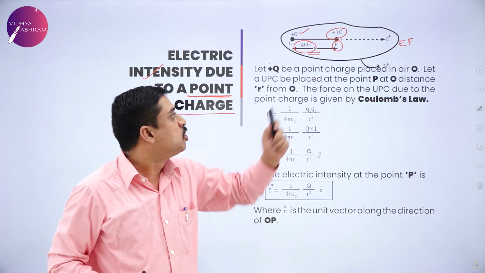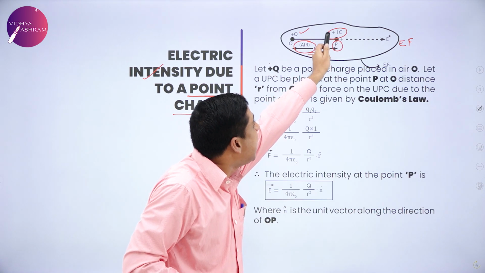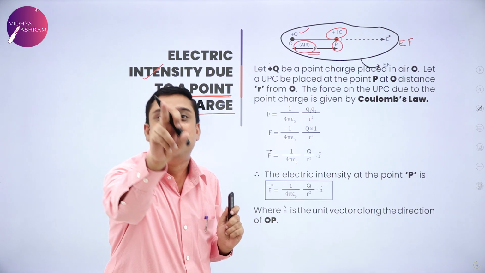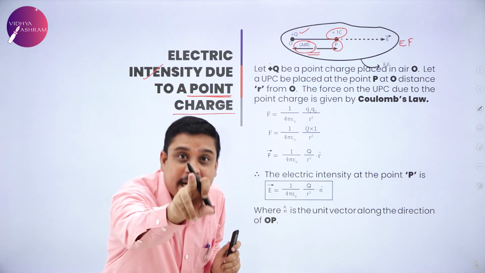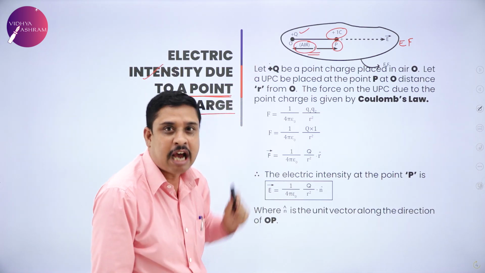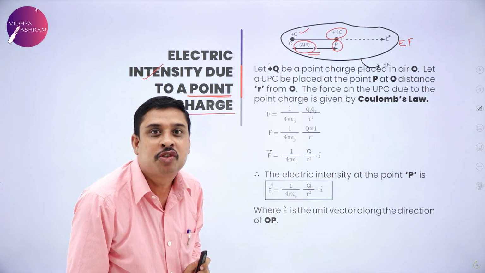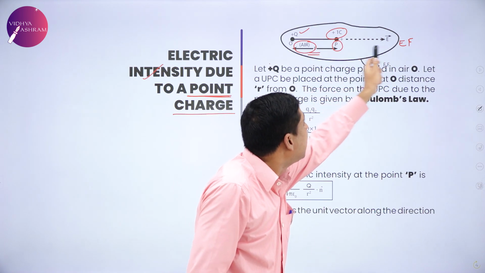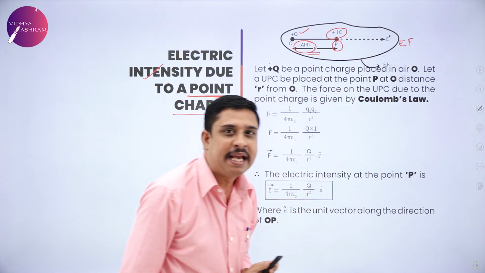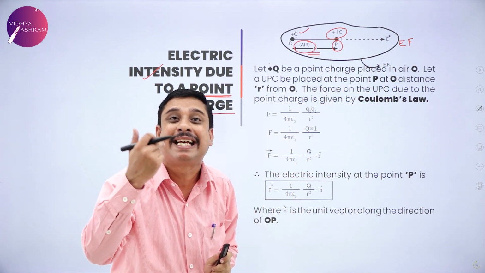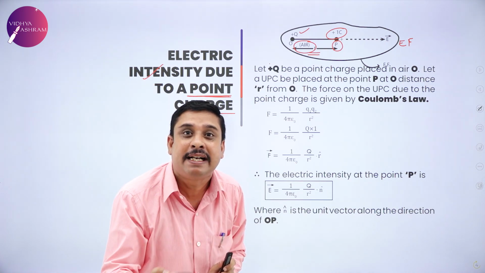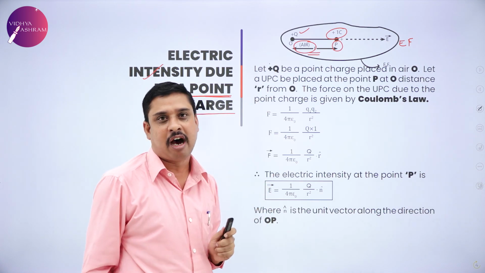So which is the charge experiencing the force? UPC. Which is the charge exerting the force? The point charge. So the force or intensity should act away from the UPC because it is experiencing the force exerted by the point charge.